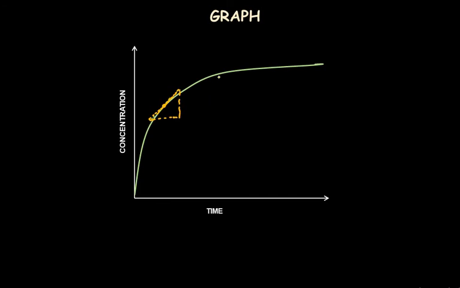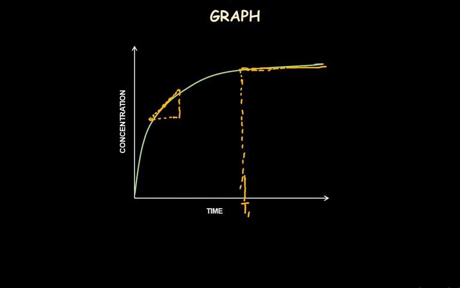From such a graph we can also find that at this particular time the graph has gone horizontal, so this is the time at which the reaction gets over. The time at which the reaction gets over is T1.